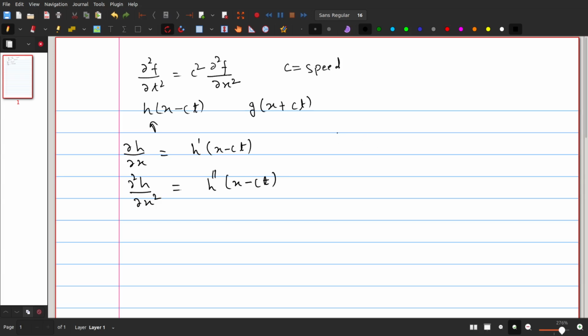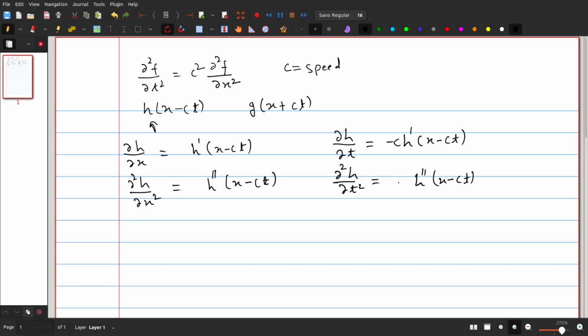Similarly, if we evaluate the partial derivative of h with respect to t, then it will be equal to the derivative of h evaluated at x − ct, and then the partial derivative of x − ct with respect to t, which is equal to −c. And if we take the second partial derivative of h with respect to t, then it will be the double derivative of h evaluated at x − ct, and then the partial derivative of x − ct with respect to t, which is again −c.